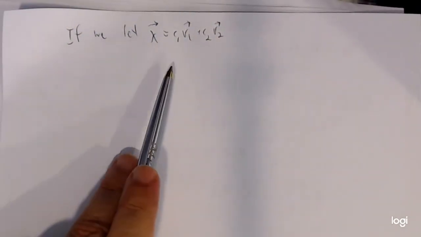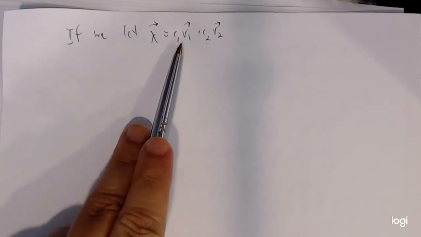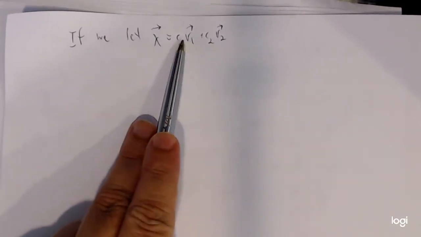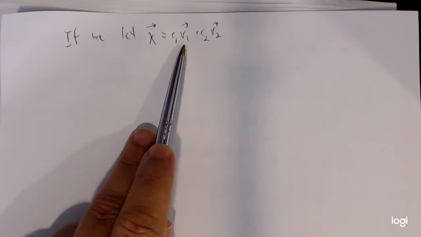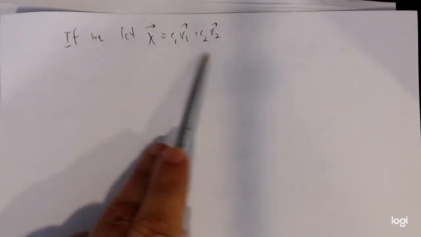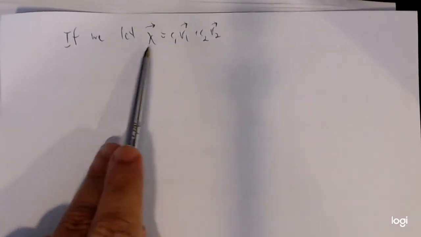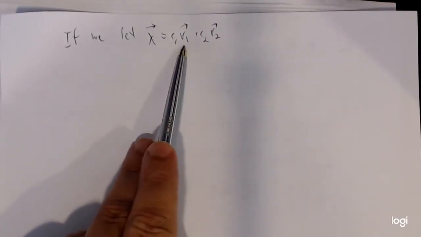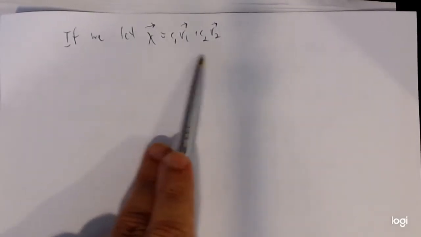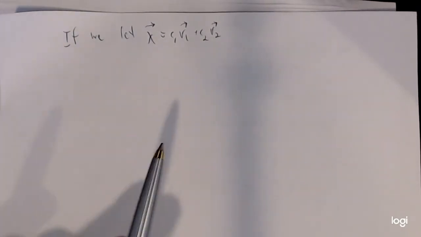If we have any vector x in R2, we could use v sub 1 and v sub 2 to span it, or to create it, because remember v sub 1 and v sub 2 form a basis, or to be more specific, an eigenbasis of our space. So any vector x could be written as a linear combination of v sub 1 and v sub 2, which is stuff that we talked about in semester 1.